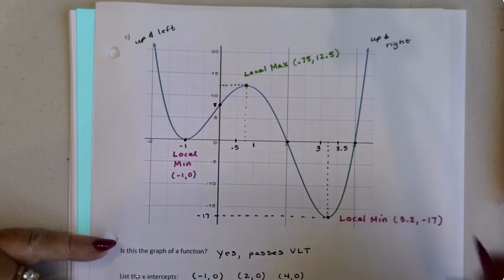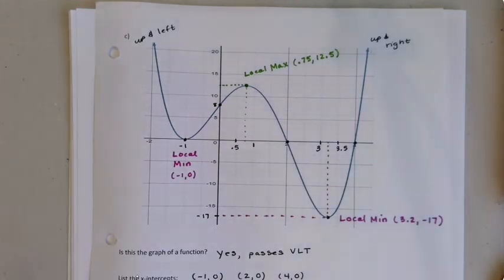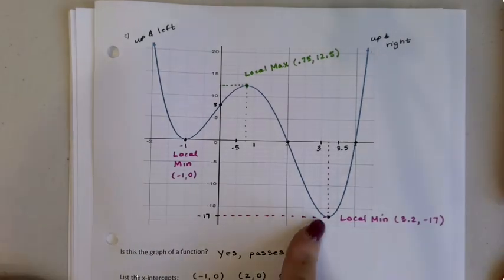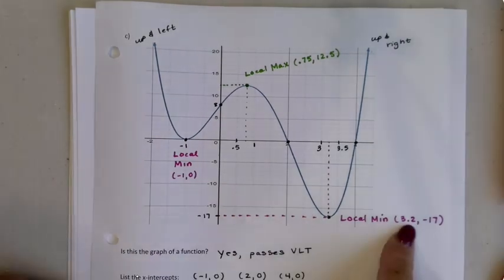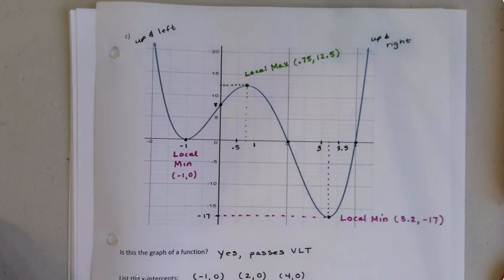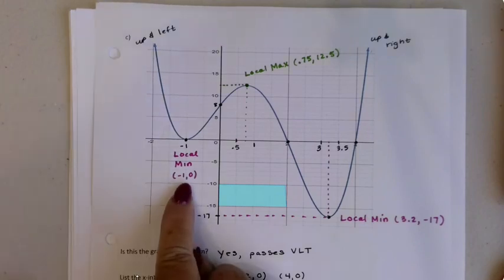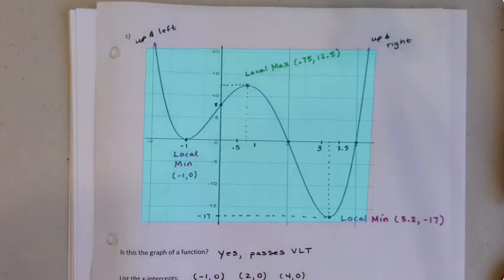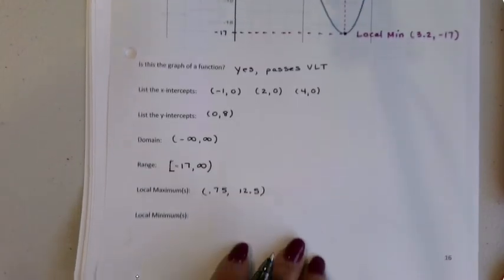That one hit my grid line kind of nicely. Now again, if you were doing this on a homework or a test or something, don't stress. Obviously, if you thought that was 3.25 instead, I can't fault you when you're estimating unless you're way off. If you called that 3.6, I'd have a problem with it. But as long as you're in the ballpark, I'll be okay in cases where you have to estimate. So my two local minimums, (-1, 0) and (3.2, -17).